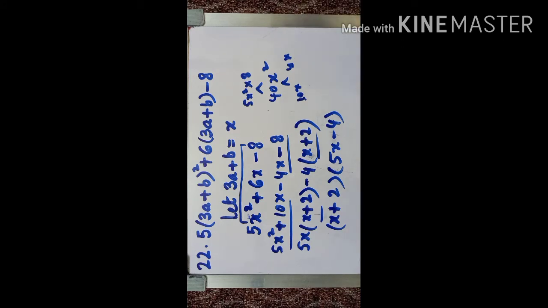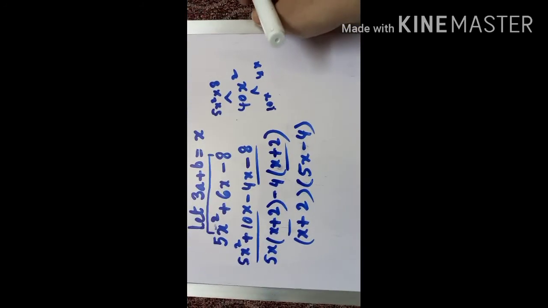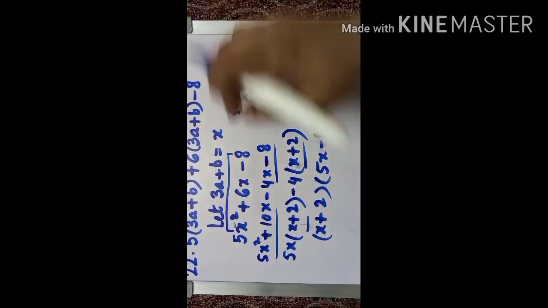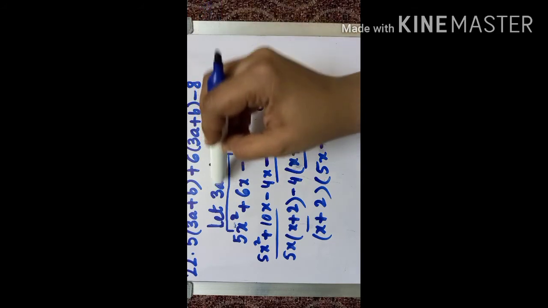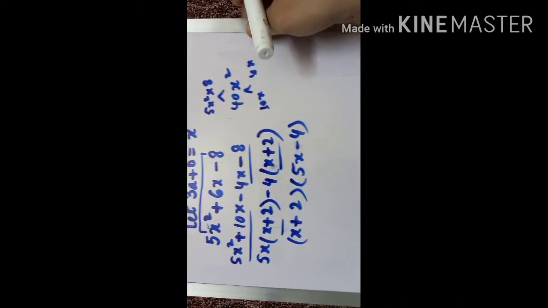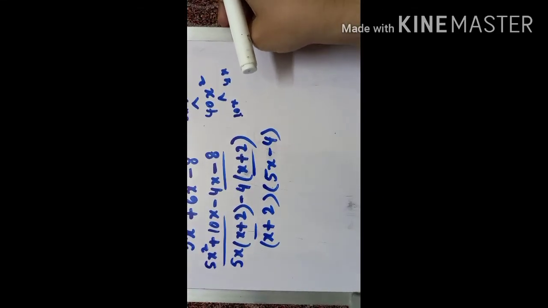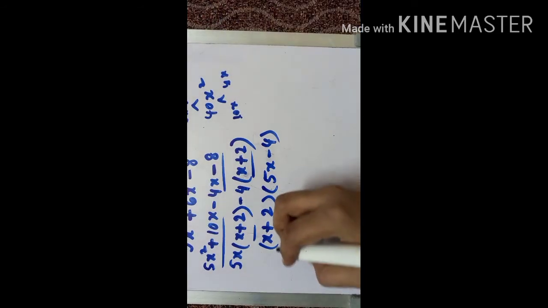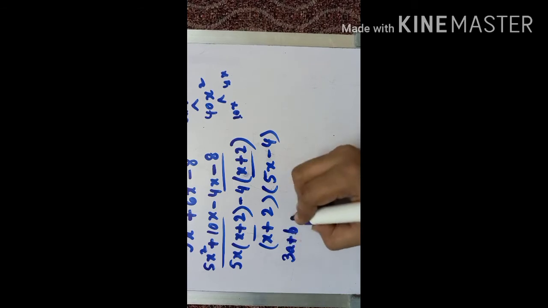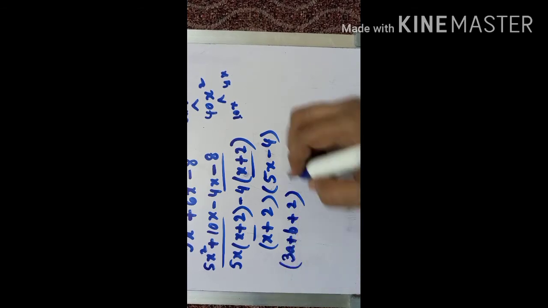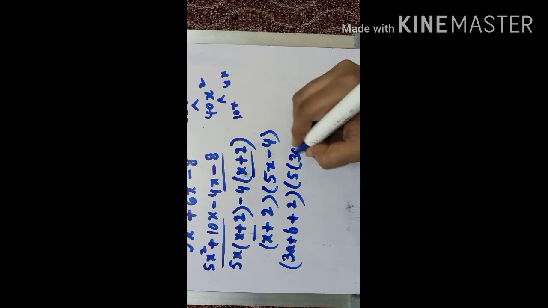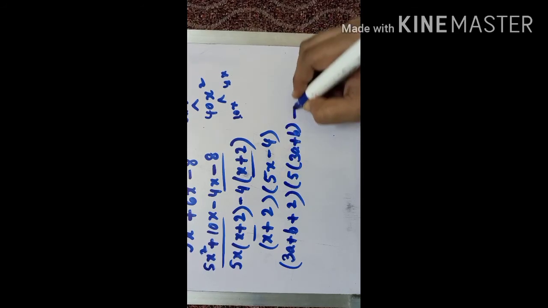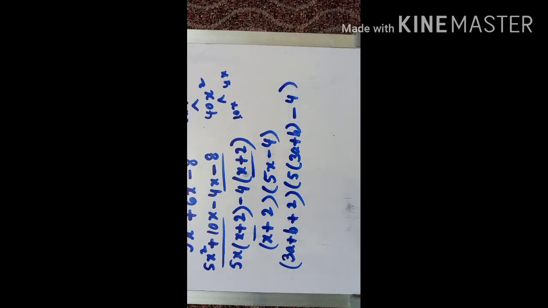Until here you have done, but what is the value of x? What we have taken in the beginning: 3a + b equals x. So now in place of x you have to substitute 3a + b. So (3a + b + 2) as it is, then 5 of 3a + b, minus 4 as it is.